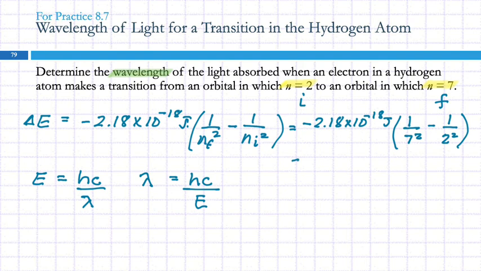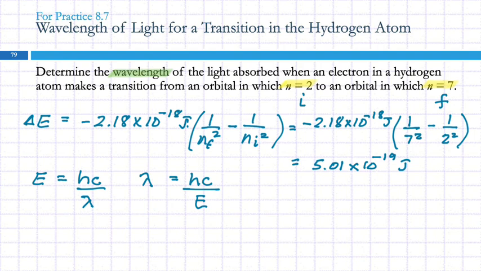So this is equal to 5.01 times 10 to the minus 19 joules. Here, delta E is positive because the atom is absorbing the energy. The electron's going to a higher energy level.